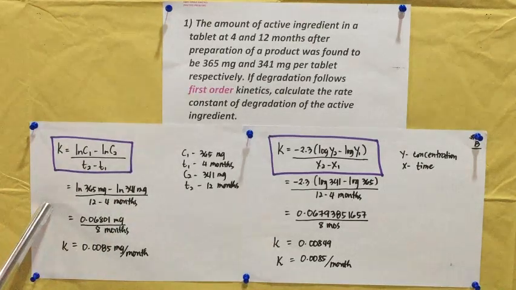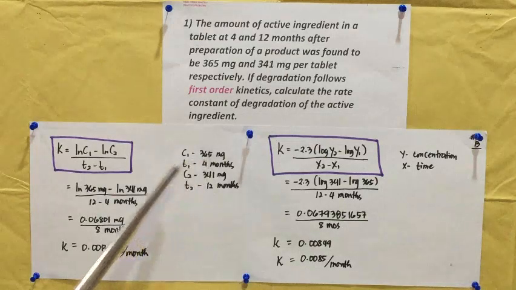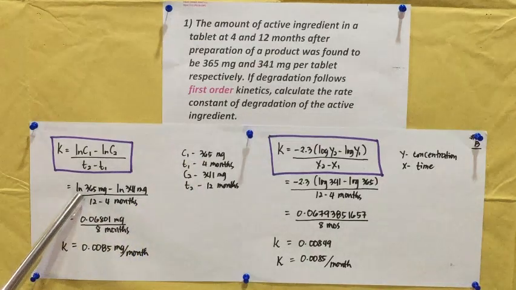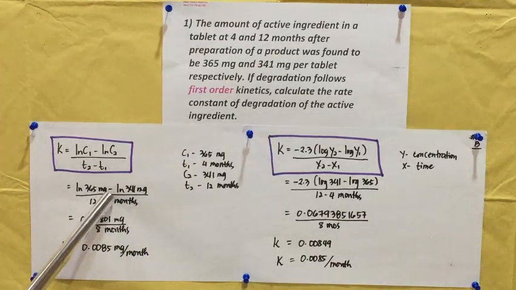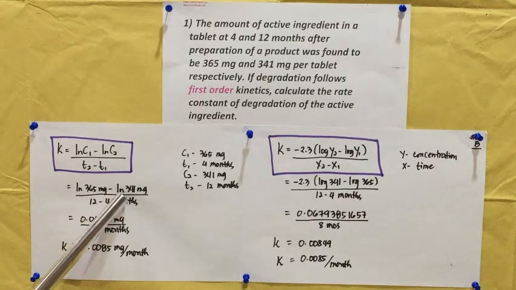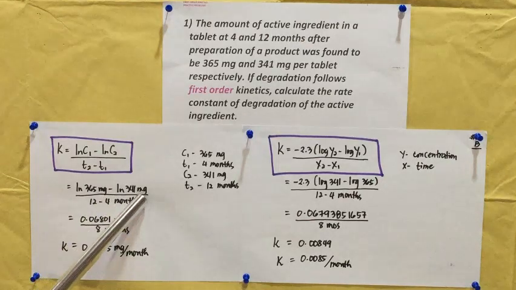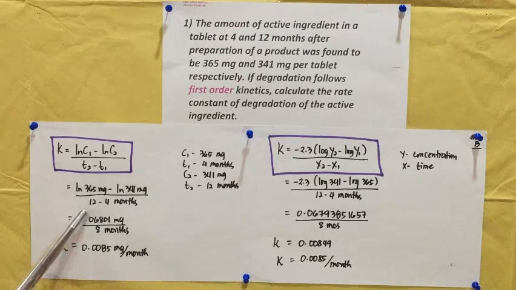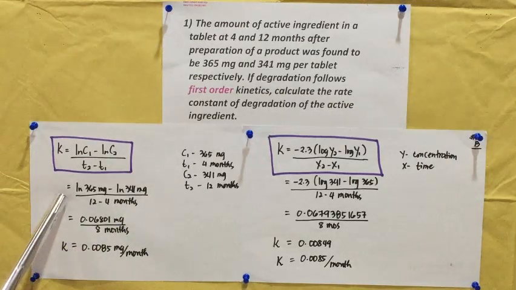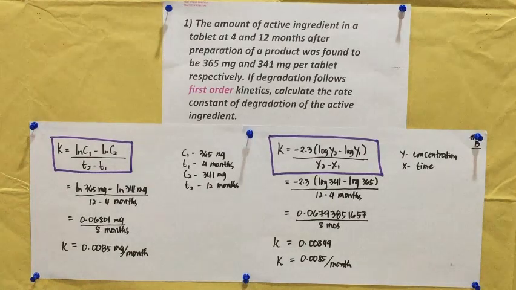Now let's substitute. So C1 is 365. So natural logarithm of 365 milligrams minus the natural logarithm of 341 milligrams divided by 12 minus 4 months. You need to have a scientific calculator to compute for this.